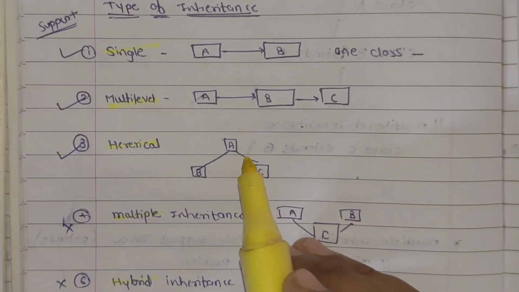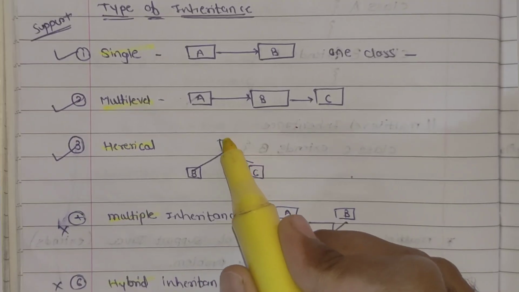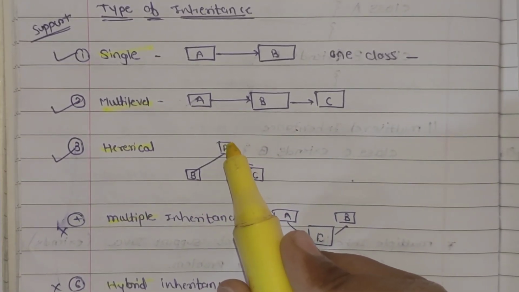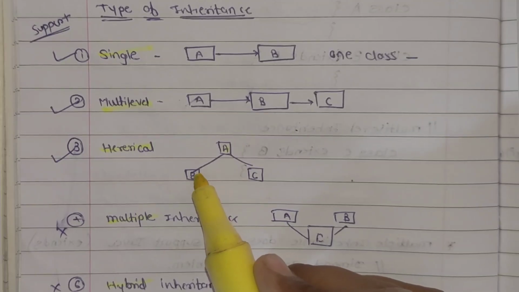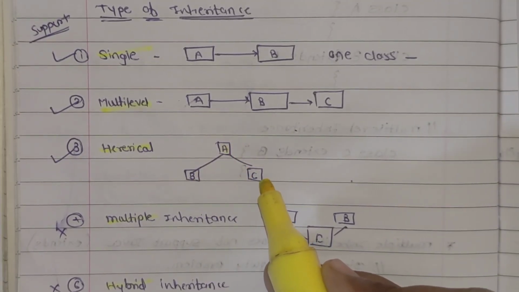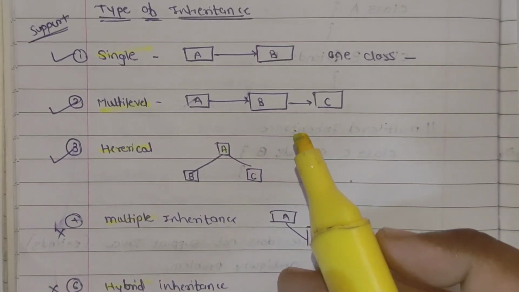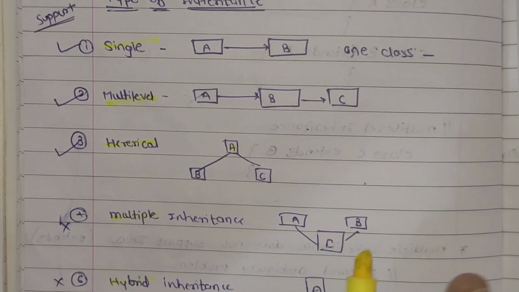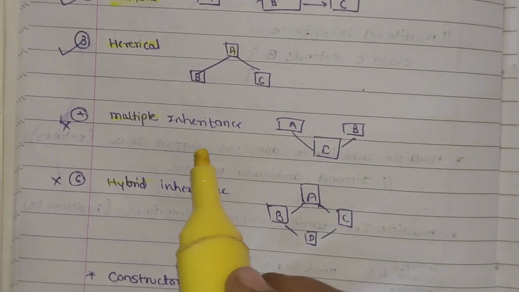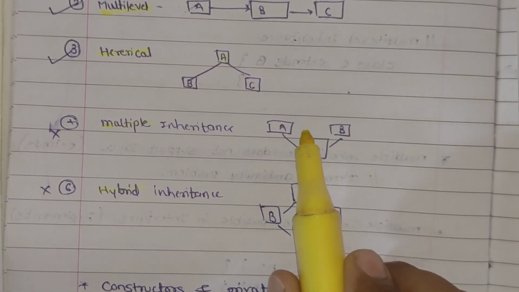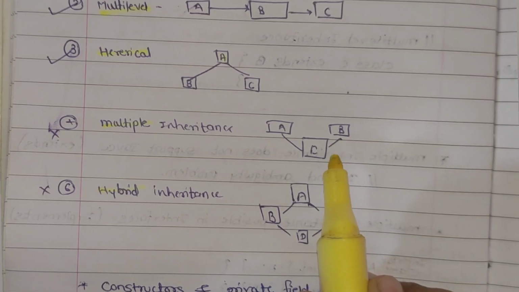So what is hierarchical? One parent can have two children. Suppose there is a class A, class B extends A, and there is another class C which also extends A. With this, hierarchical inheritance is created. So let's talk about multiple inheritance. What is multiple inheritance? It is a concept where two parents are inherited by the same class.